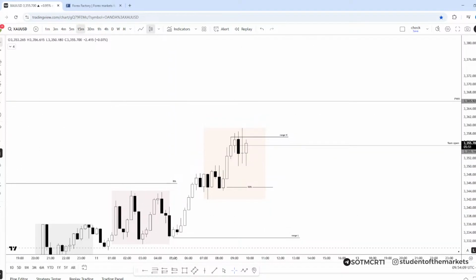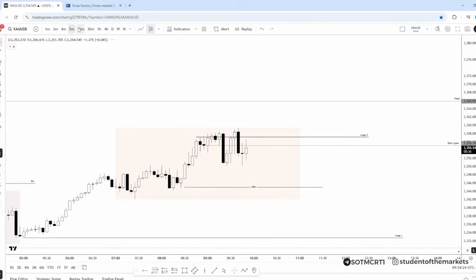Price does respect this fair value gap, and now is still pushing up. So I think that price is still likely to take out this high. Let's see.